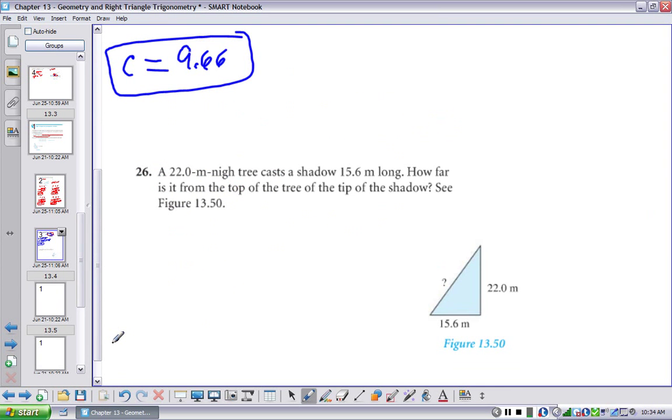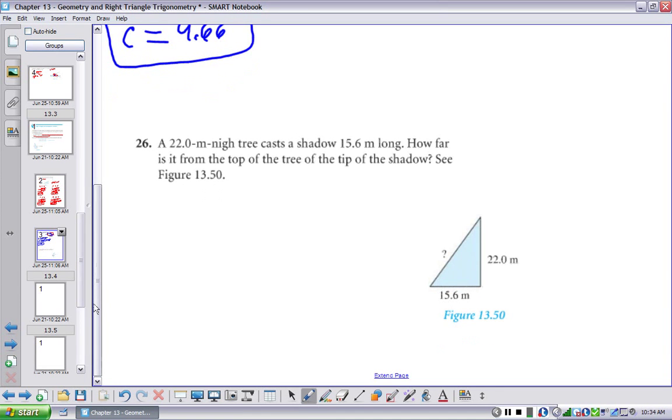All right, the next one is number 26. It says that a 22 meter, that should be high tree, I'm almost certain, cast a shadow of 15.6 meters long. How far is it from the top of the tree to the tip of the shadow? Basically, again, this is a right triangle where you need to find C. C is the square root of the sum of the legs squared, 15.6 squared plus 22.0 squared.